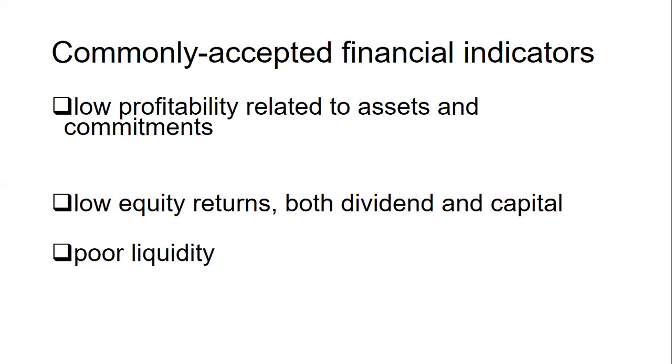Please note that with the univariate model, you are not going to use all these three. You would pick only one. So if you pick a profitability ratio, then if it is low, because it is low, you would be able to say that because they keep making low profits, then the business will fail. If the returns on equity is low over time, and it keeps reducing, you look at just the return on equity, just one particular ratio, and say that because of that, the business is likely to fail.